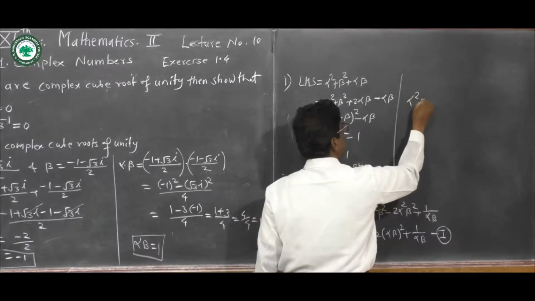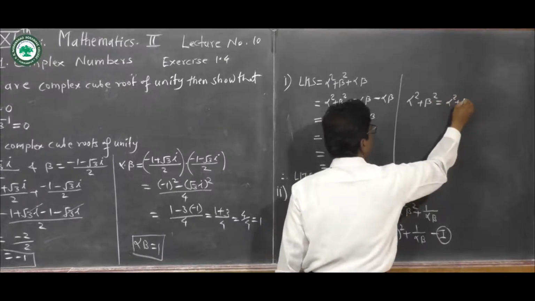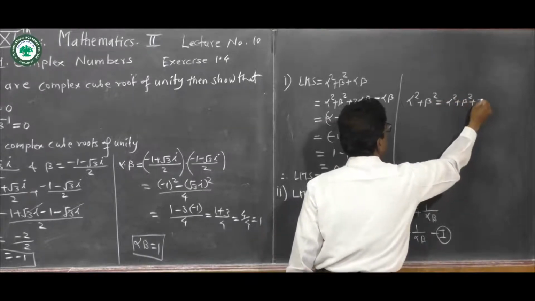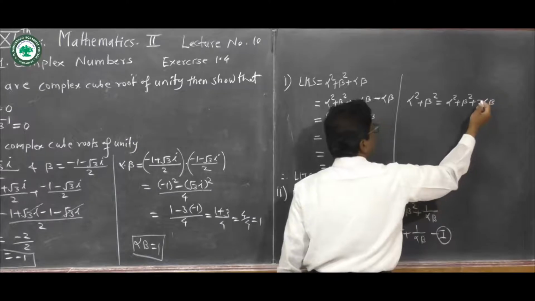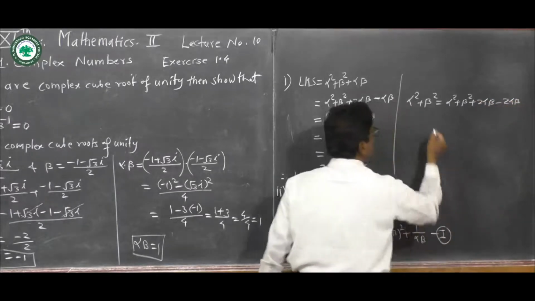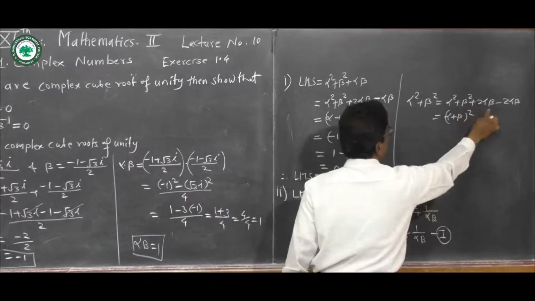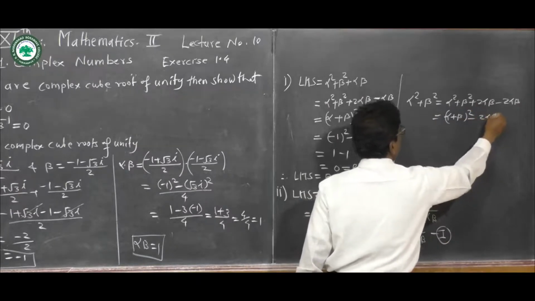Alpha square plus beta square is equal to alpha square plus beta square plus 2 times alpha beta minus 2 times alpha beta. Now this is equal to alpha plus beta bracket square minus 2 times alpha beta.